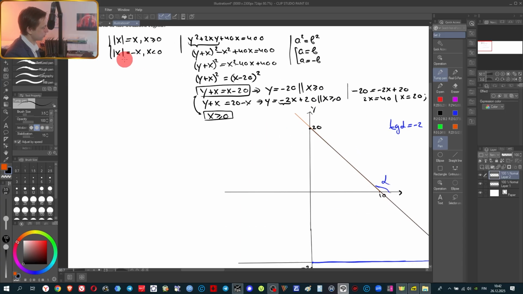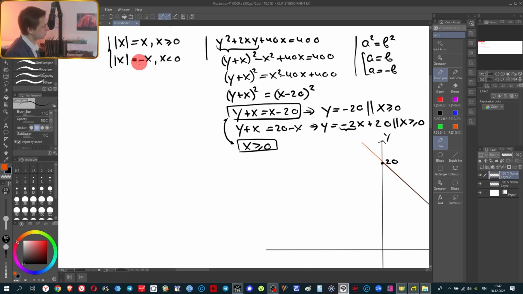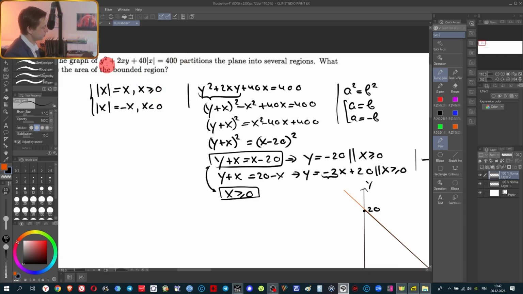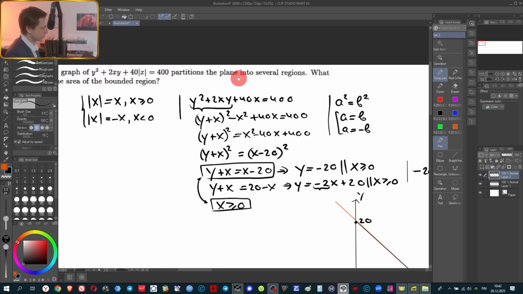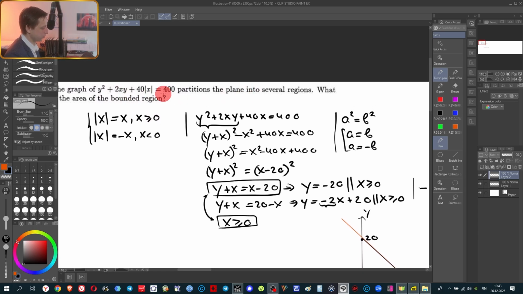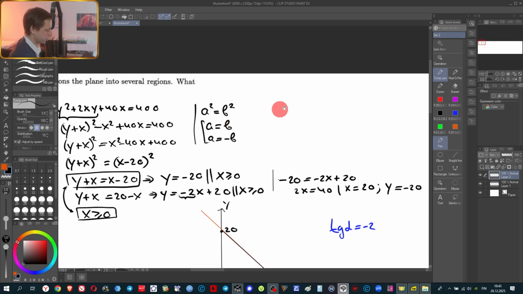Let's work separately with the next case. The next case is where the absolute value of x equals minus x. We substitute it here, and the equation will look like this: y squared plus 2xy minus 40x equals 400.